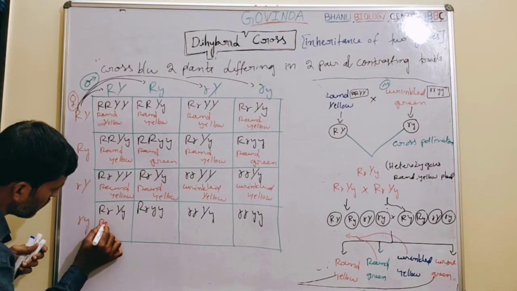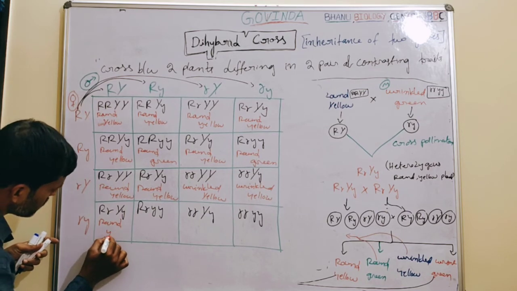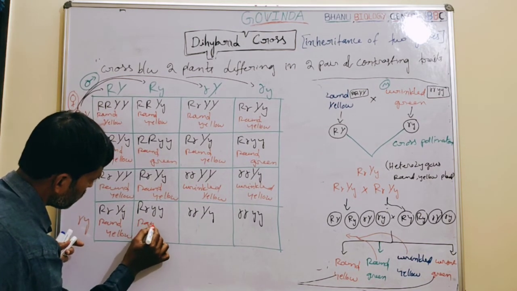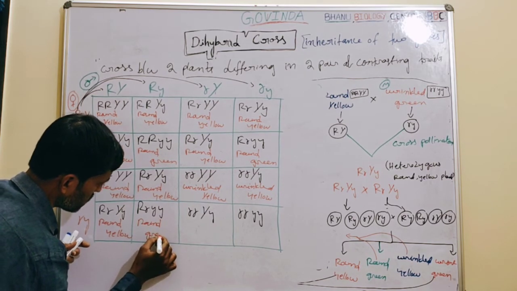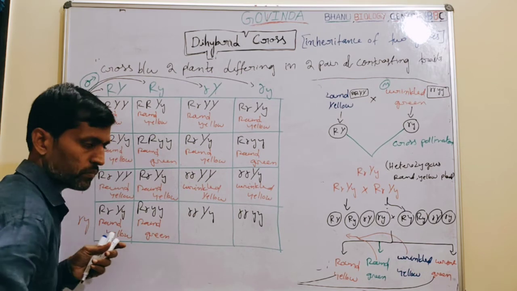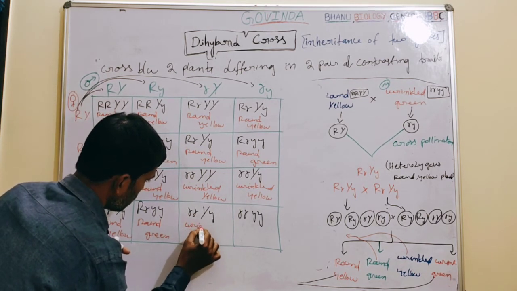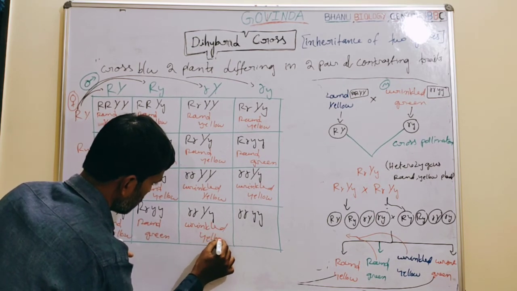And here capital R round, then capital Y, so capital Y is a yellow plant. Here R round, small y represents recessive, both are recessive, green. Then small r wrinkled, capital Y yellow.